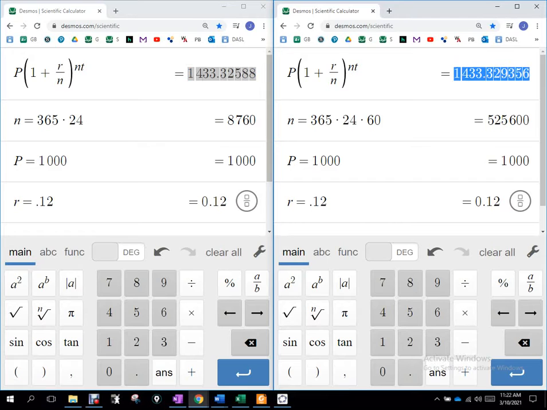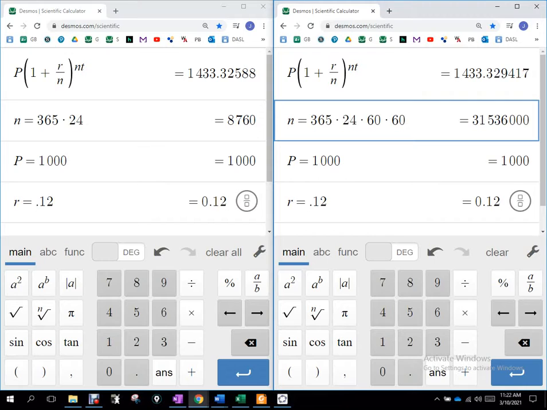No. It's less than half a cent. But look at how many more times I compounded. Basically compounded more than 500,000 times more than what I did previously, but it only generated about half a penny.